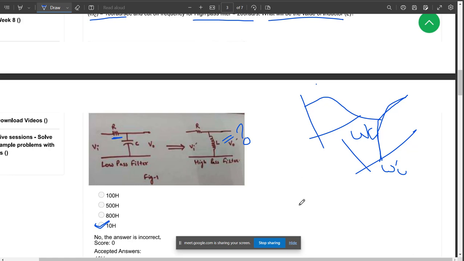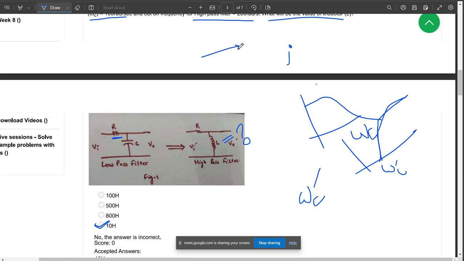What is the reason behind this? Replace j omega with omega c into omega c dash by j omega. It's because it's a capacitor and inductor. If you go through the phase diagram, it has a 90-degree difference.